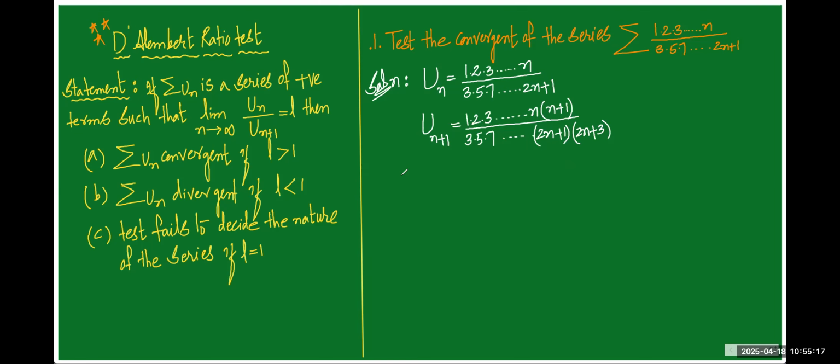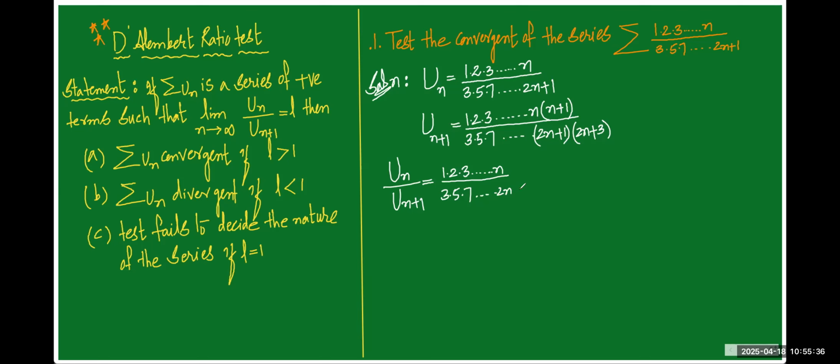Now find un by un plus 1, which will be equal to: un value is 1 into 2 into 3 and so on up to n, all divided by 3 into 5 into 7 and so on up to 2n plus 1 into 2n plus 3.